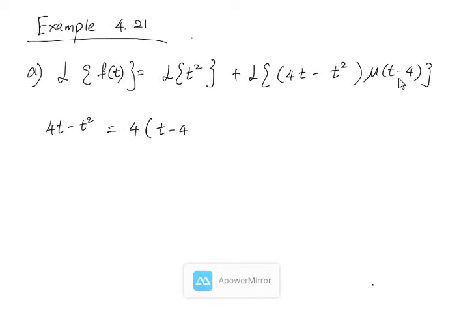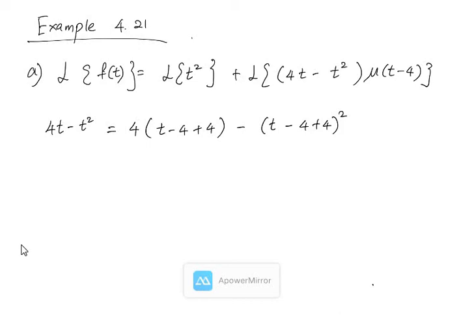But this minus 4 is the extra, so we need to cancel it out by adding the 4. And then minus the second part, t squared. So this 4t is already settled here. And then t squared, so we have a minus, so we can make it minus (t minus 4 plus 4) squared. So this minus 4 plus 4 can actually cancel out and we are still left with t squared.